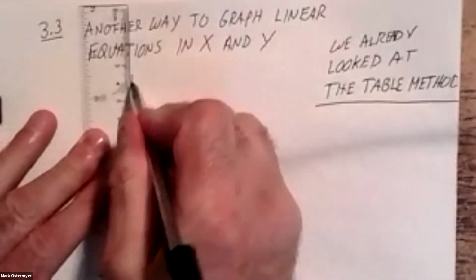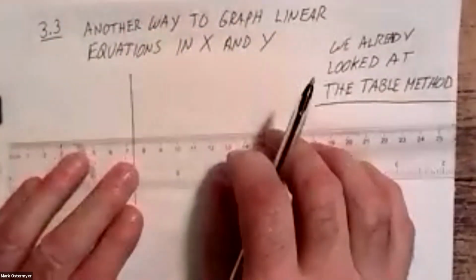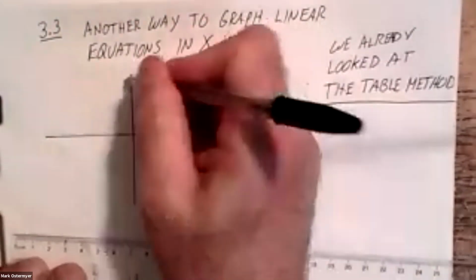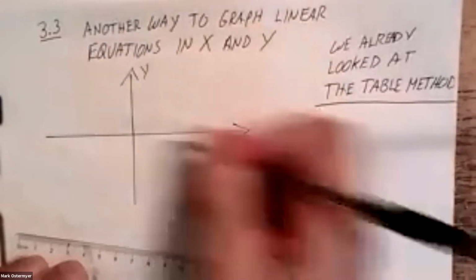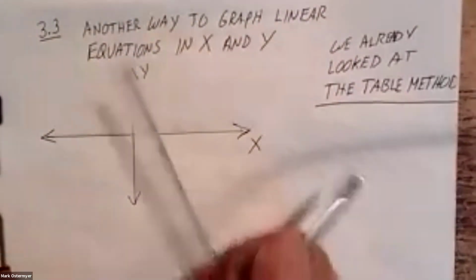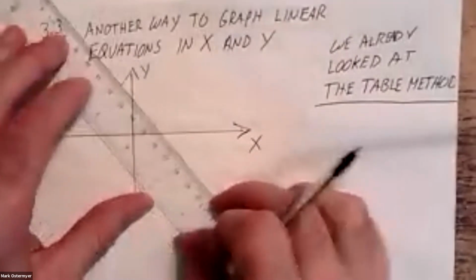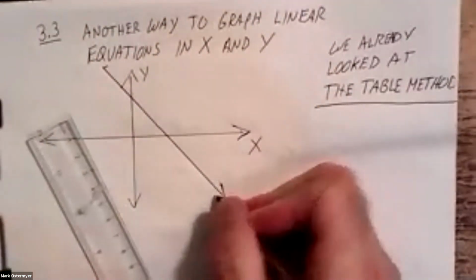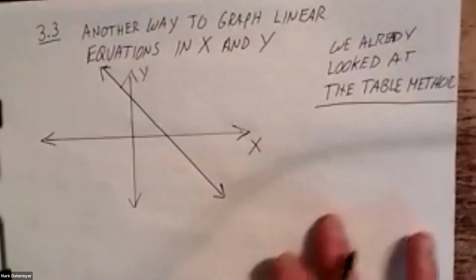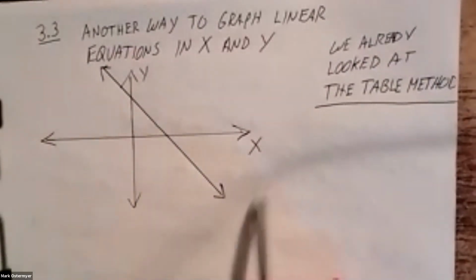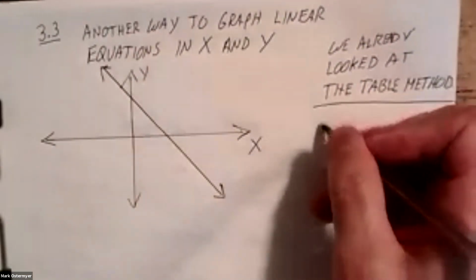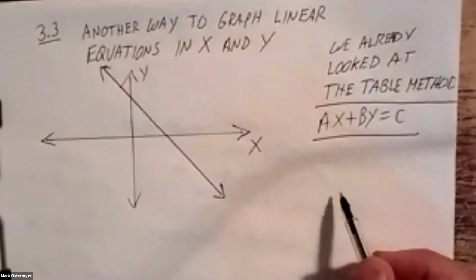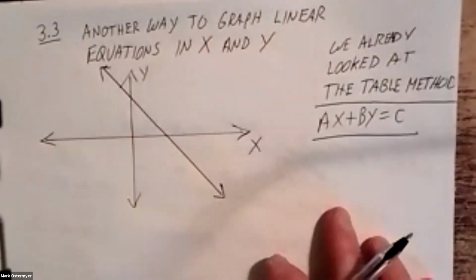All right, suppose I had a linear equation and I graph it in the XY plane. And suppose that the graph of my linear equation, ladies and gentlemen, looks like this. Now, I don't know what equation generated this graph, but just suppose I had some sort of a linear equation in X and Y, and I graphed it in the XY plane, and suppose the graph looks like this.